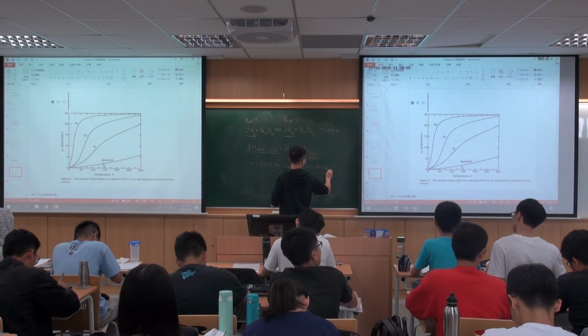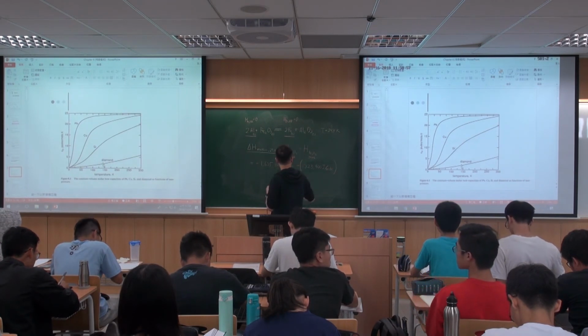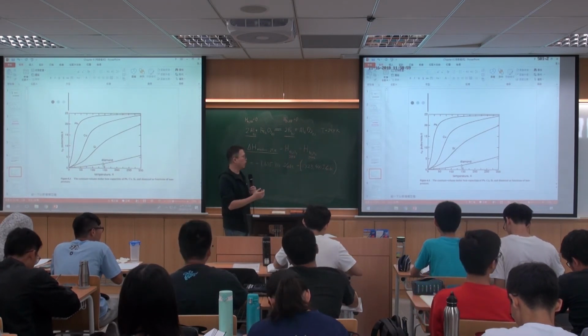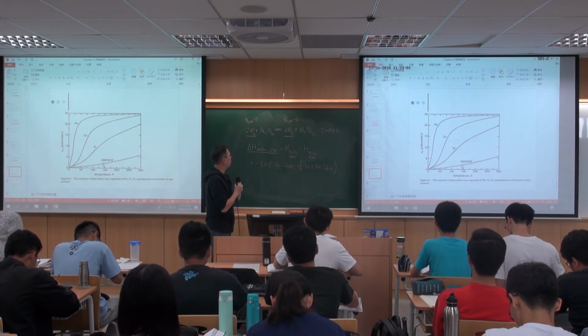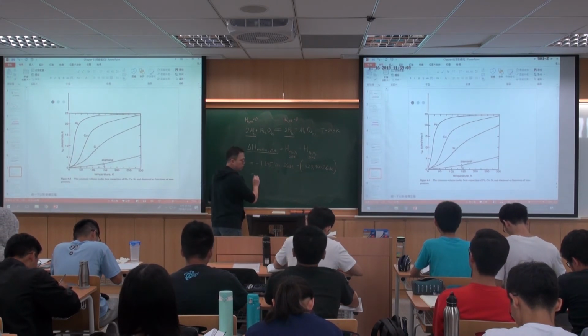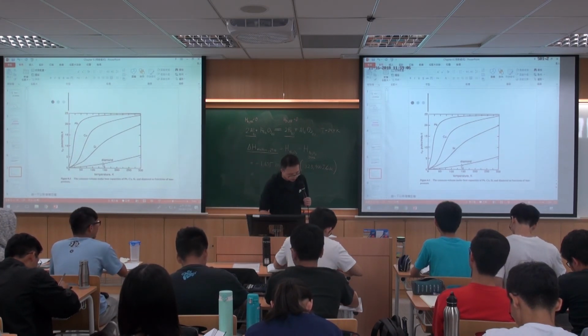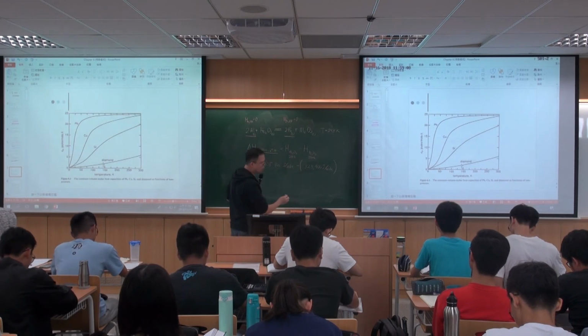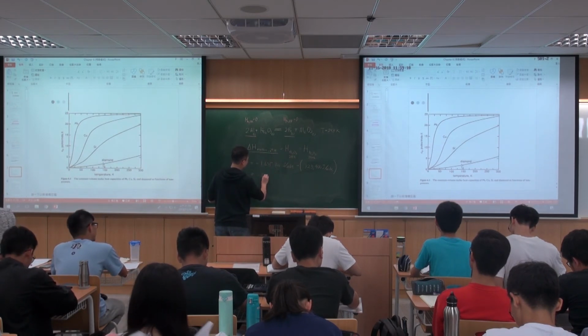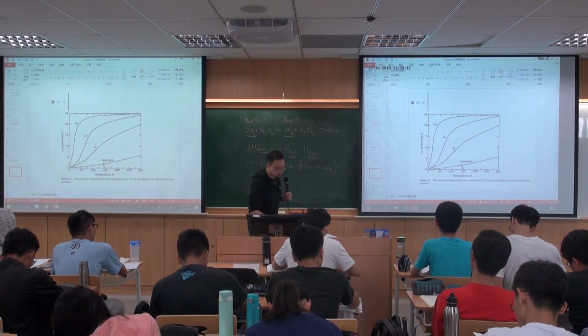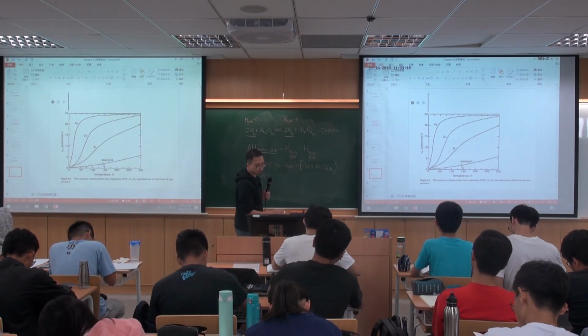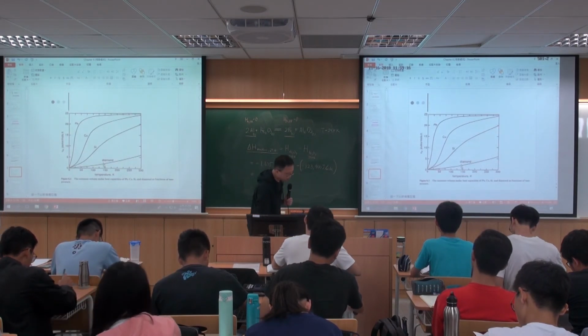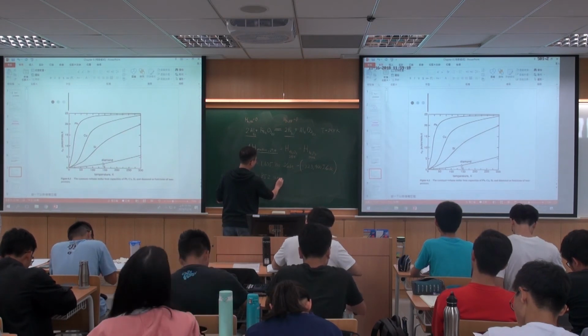Joule per mole. Okay, so you have these two numbers, and this turns out to be minus, let's say, 300.